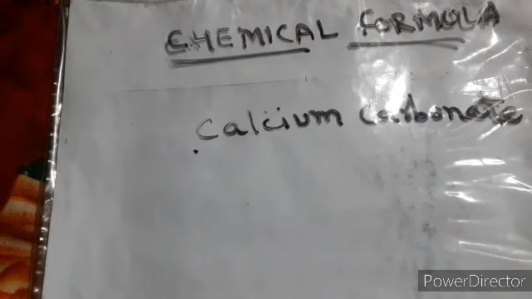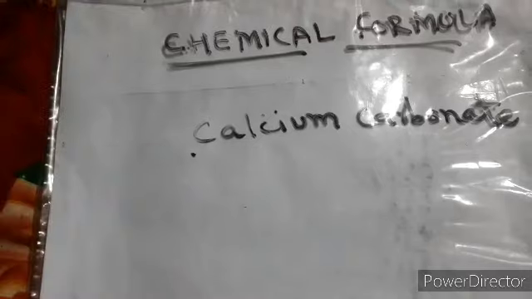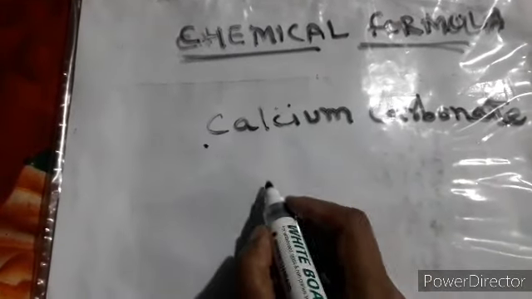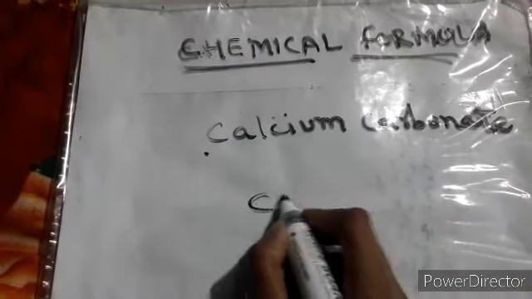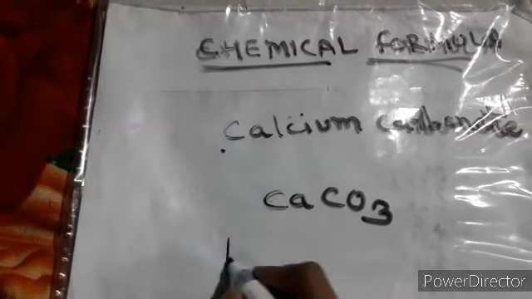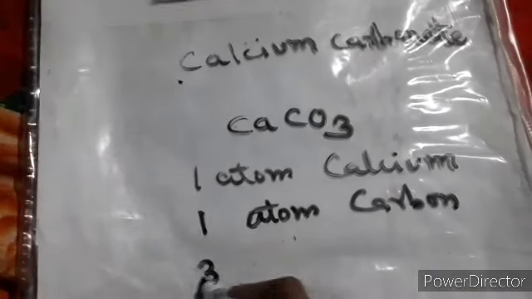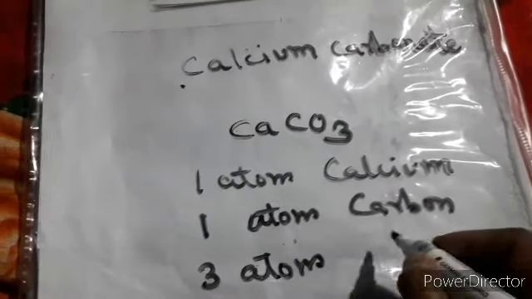So over here, the particular compound whatever is being given to you, each one has a molecular formula also. And if you see, its molecular formula is CaCO3. Over here you can understand we have one atom of calcium, one atom of carbon, and three atoms of oxygen.